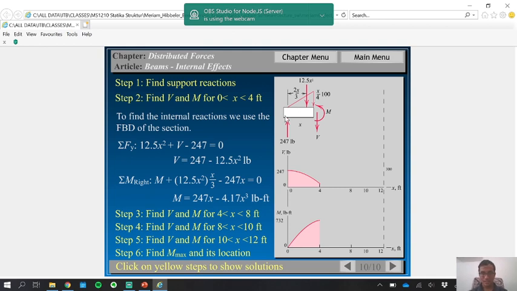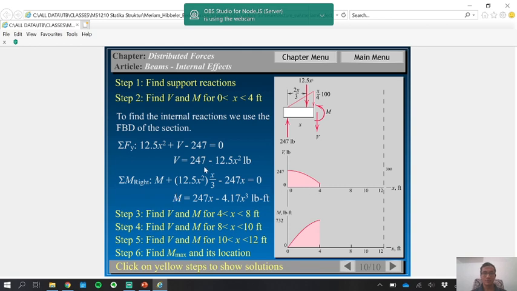Then the last one is 247 lbf multiplied by the distance x. So this is your moment, and the final equation of the moment is 247x minus 4.17x to the power of 3.